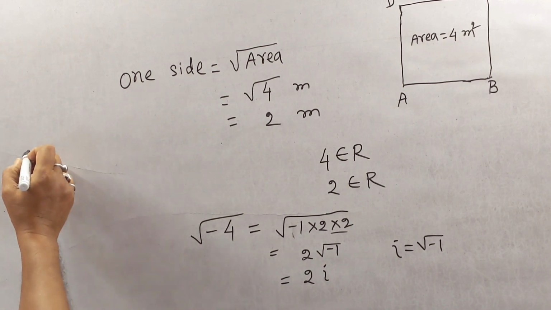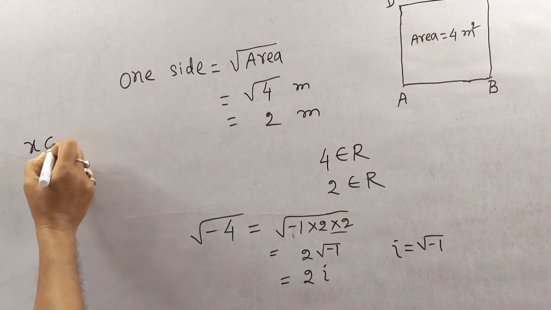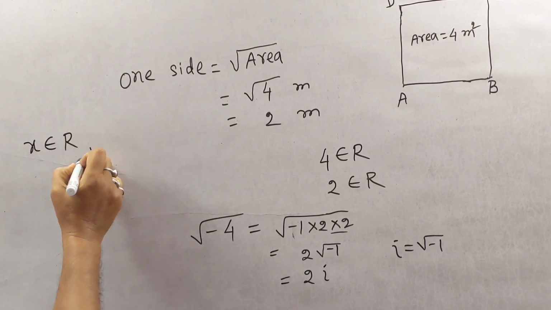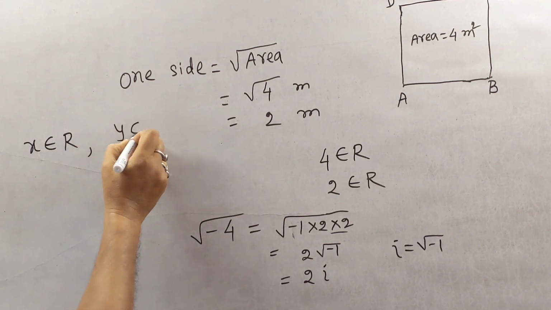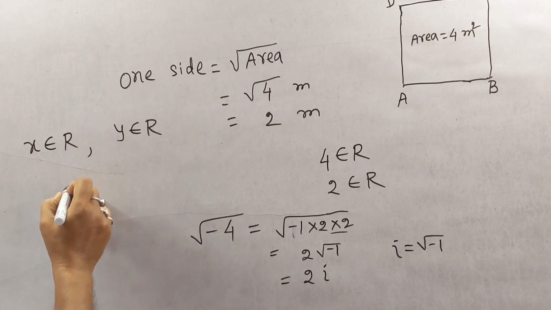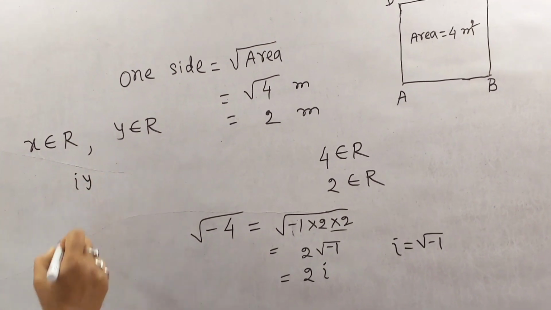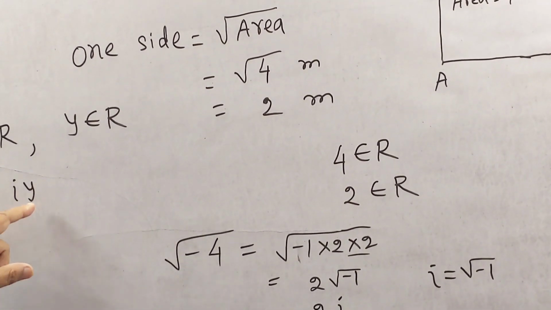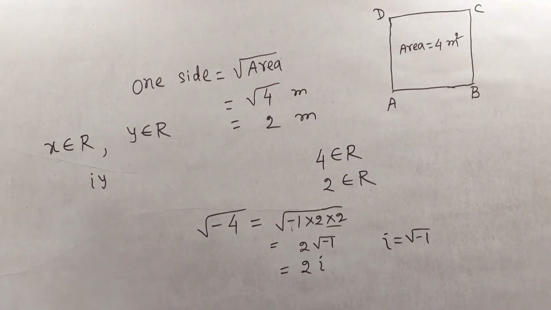Let x be a real number, x belongs to R, and y belongs to R be another real number. Then i is imaginary and y is real.